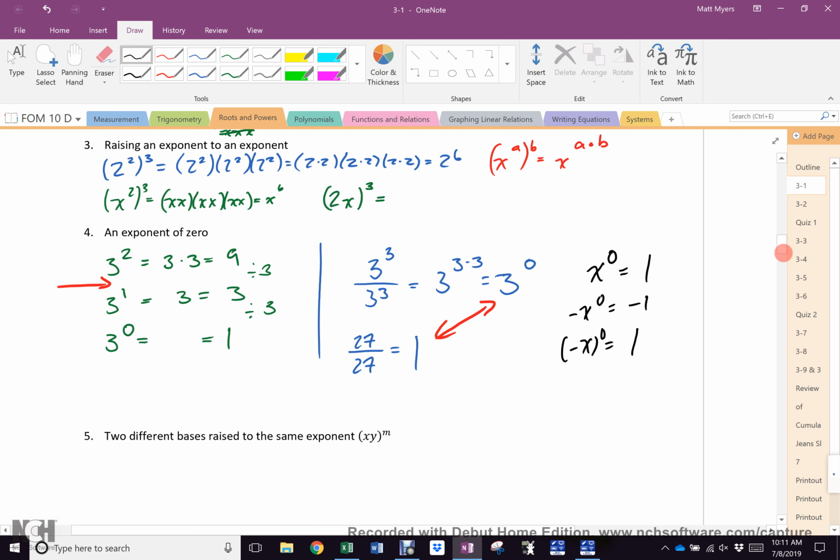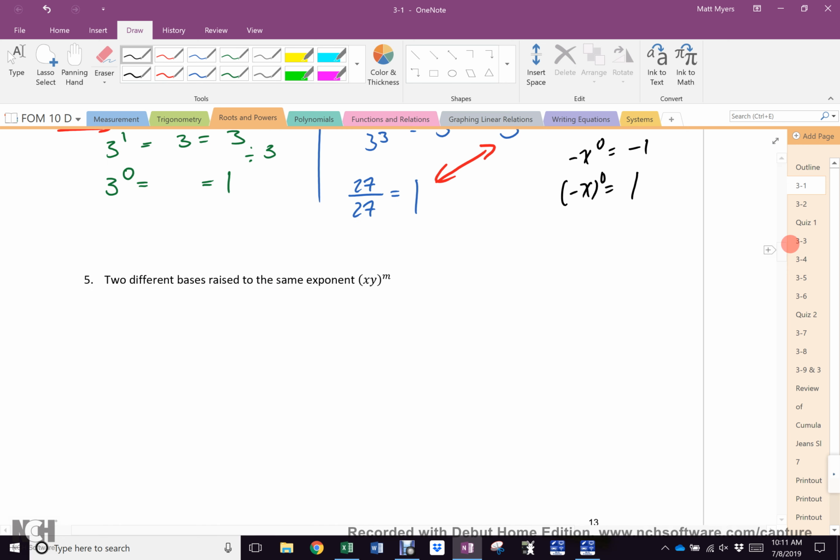Now we have a couple of easy ones to help us out. 2 different bases raised to the same exponent. Well, 2 times 3 squared. Okay.